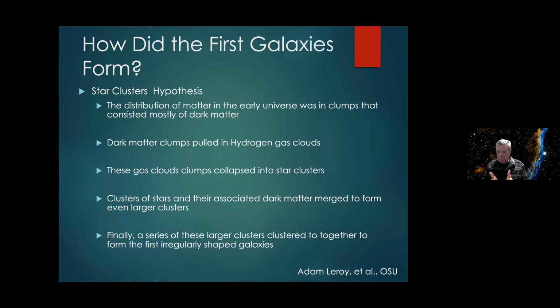So the building blocks for these irregular first galaxies are star clusters that are still bathed in dark matter. These clusters of stars and their associated dark matter merged to form even larger clusters. And then finally, a series of these larger clusters clustered together to form that first irregular shaped galaxy. Again, this is a hypothesis based on observational information from the present day.